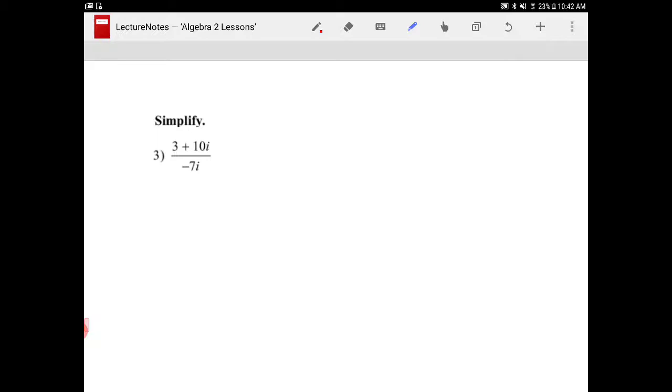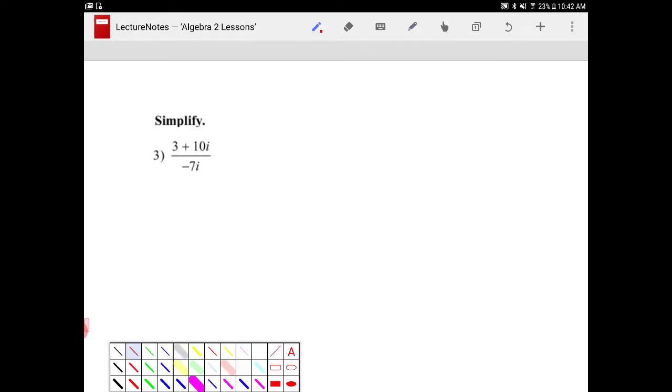If you recall from earlier on in this course, an imaginary number is a number that looks like this. And rather than writing square root of -1, the shorthand is i.